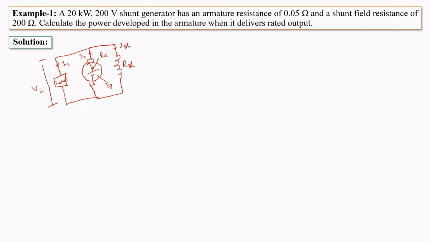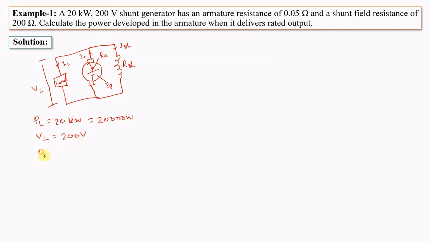So remember one thing in case of DC generator numerical question, when the power and voltage are given, it will always be considered as the output value. Therefore, here the output power is given as 20 kilowatt, or it can be considered as 20,000 watt. Similarly, the voltage across the load is 200 volt.